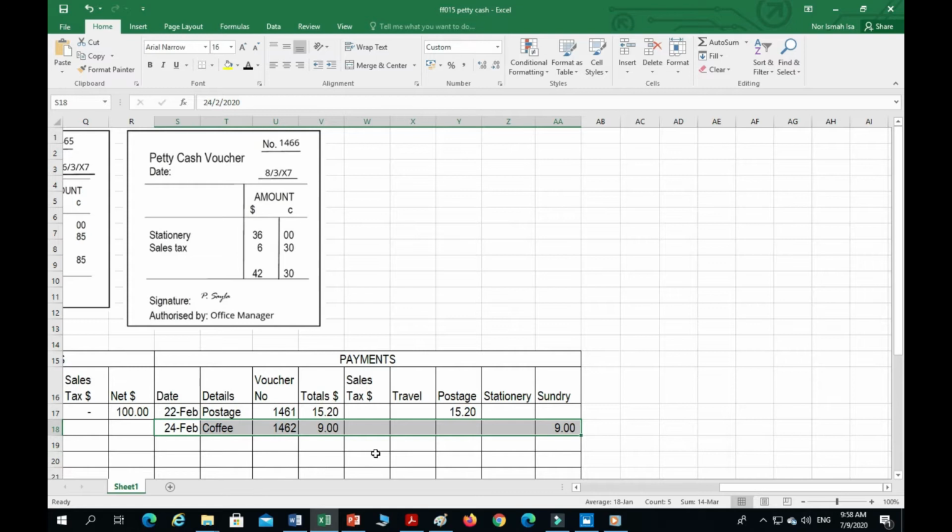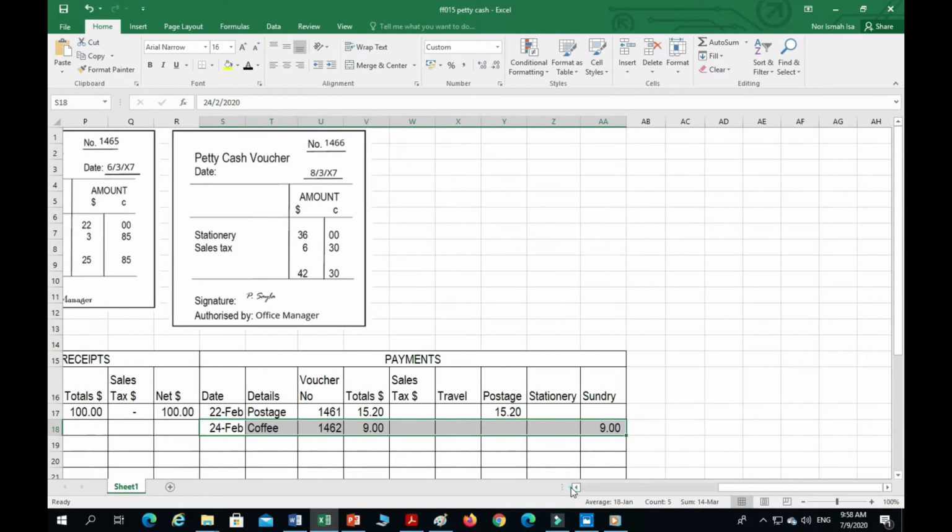So this is for coffee and biscuit. The total amount is 9, and this column is not relevant to this detail, so we just put it as sundry.